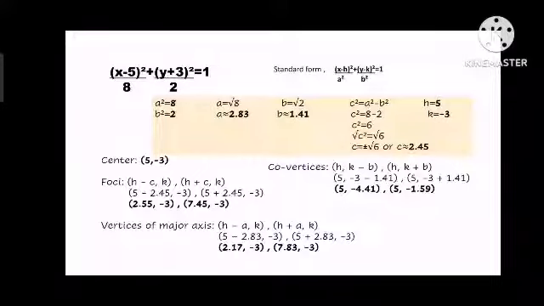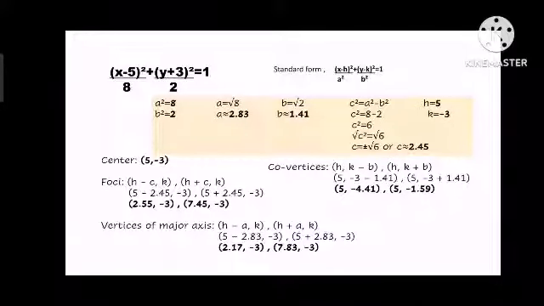If we simplify, we have the foci of (2.55, negative 3) and (7.45, negative 3). Then, we have to find the vertices of the major axis. Remember that a is equal to 2.83. Based on the table, the vertices of the major axis are (h minus a, k) and (h plus a, k).